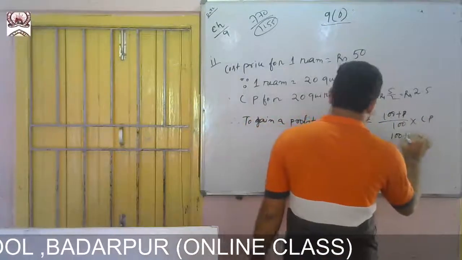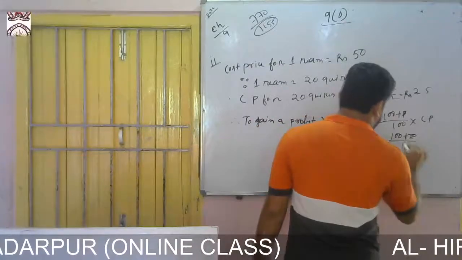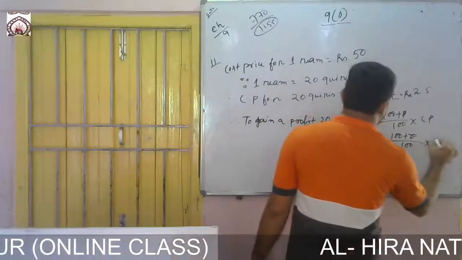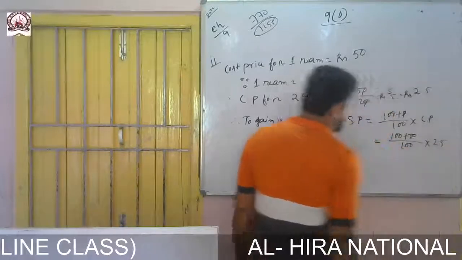So 100 plus 20 by 100 into CP, and CP is 2.5.